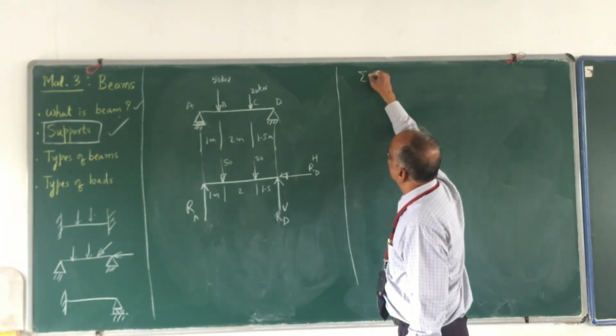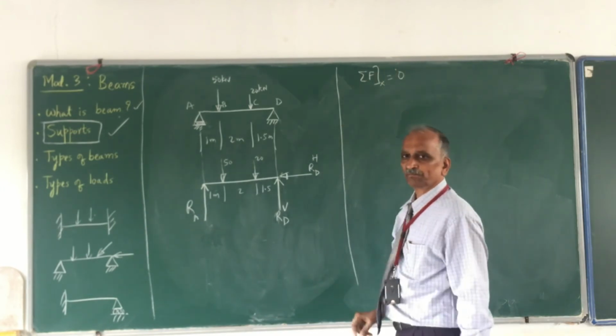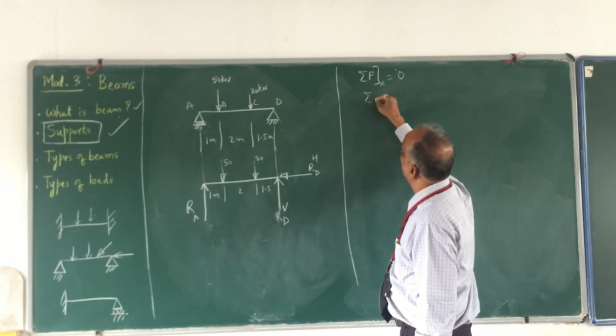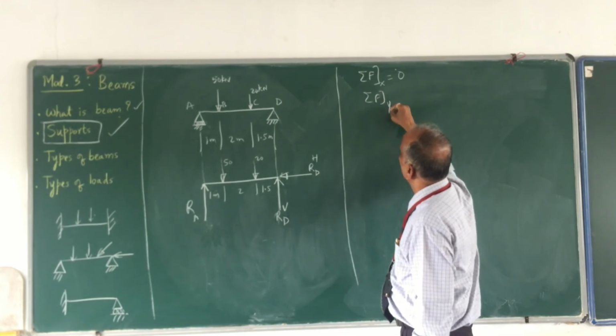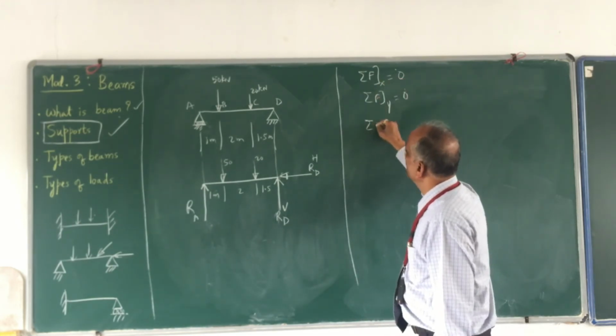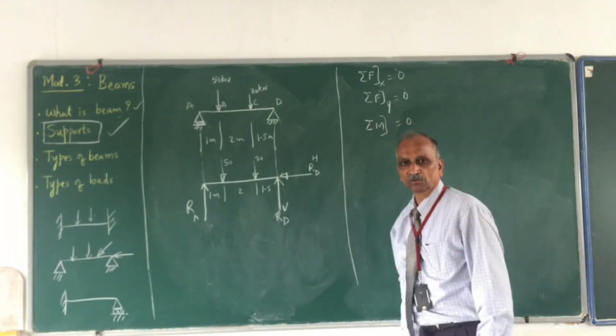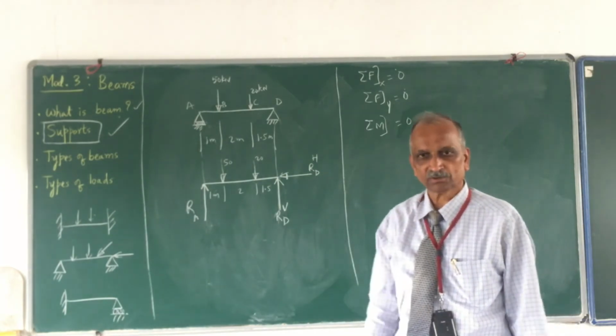What is that? Sigma F along the x-axis equal to 0. Sigma F along the vertical direction or y direction equal to 0. And sigma M about any point is also equal to 0. So this is how I find out.